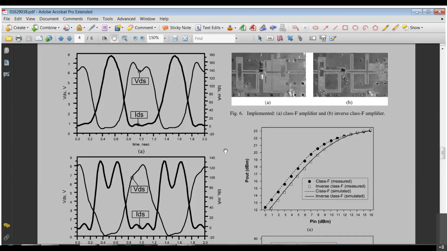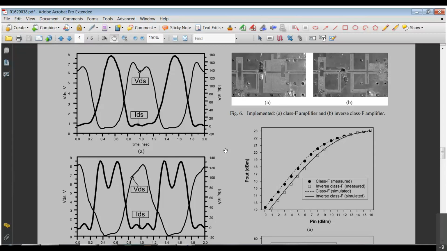But when we discussed the linear class, the transistor was partially in linear mode and it was a purely current source. But when we analyzed class D and class E, it was behaving like a pure or an ideal switch, such that voltage across is going to be zero when it is closed, and when it is open, current is going to be zero. But here in class F, it is a mixed kind of thing.